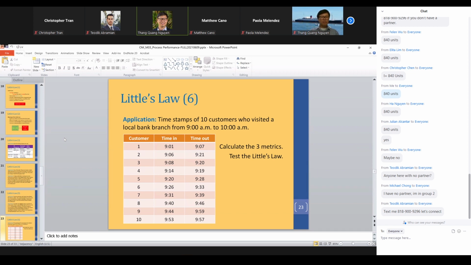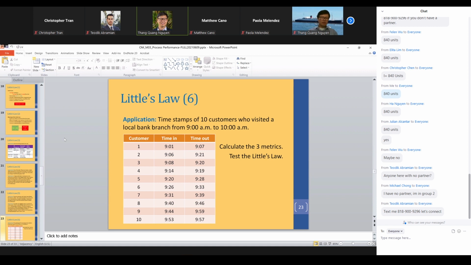After we have the three numbers, we plug them into Little's Law and see if we have the equality or not. So those are the two tasks of the example. One is we calculate the three metrics independently, and second, we check if the three numbers fit the Little's Law equation or not.